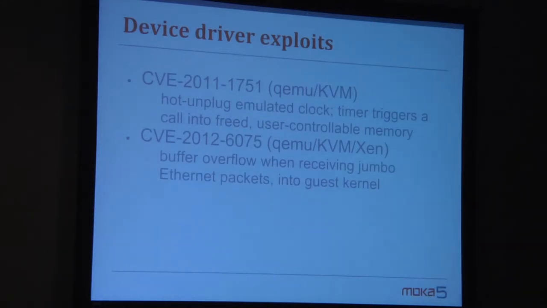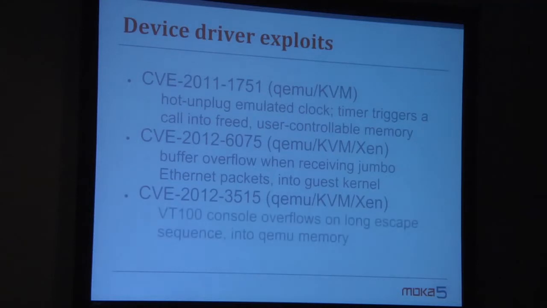It says, I've got 5,000 bytes, I'm just going to write them there, whether or not you have room for it. And so it's very easy, if you're running this particular, I think it was the E1000 Ethernet card emulation, to just send a jumbo Ethernet frame, and it'll start overwriting things in the guest kernel. That's an easy guest root.